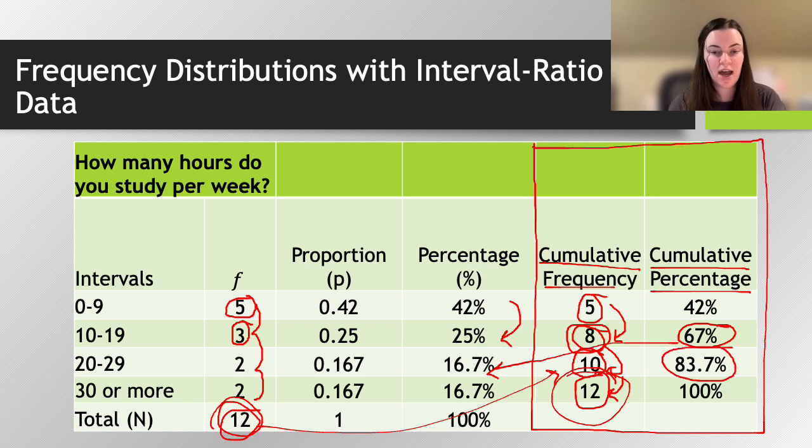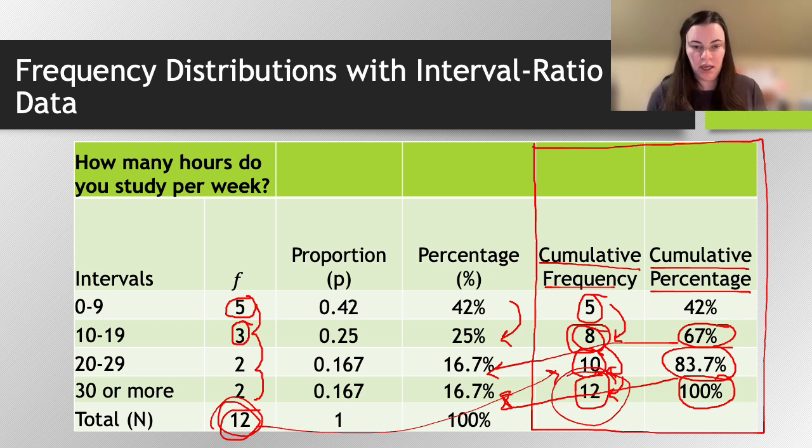And lastly, if I add 83.7 to 16.7, I get a grand cumulative percentage total of 100%, which again should mirror our total percentage here. It's just another way for us to be able to understand how our intervals may interact with one another and see those trends over time.